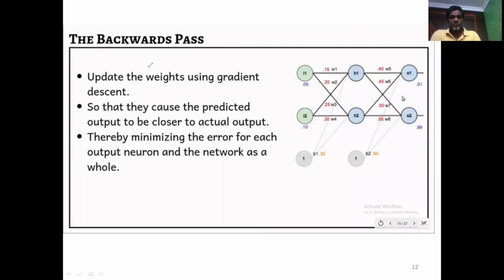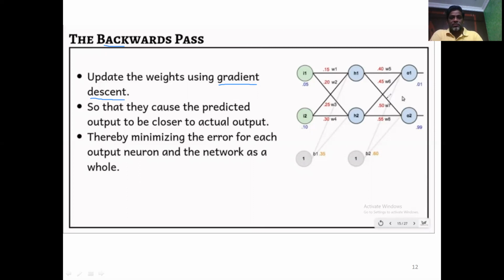So how do we do this? For that, we require the backward pass. So the second pass is the backward pass. As explained, in the backward pass, we will update the weights using gradient descent. Here we are going to make use of gradient descent, which makes use of the derivatives of the error terms, and we will propagate those derivatives of error terms to the actual weights connected in the neural network, and we will update them accordingly.